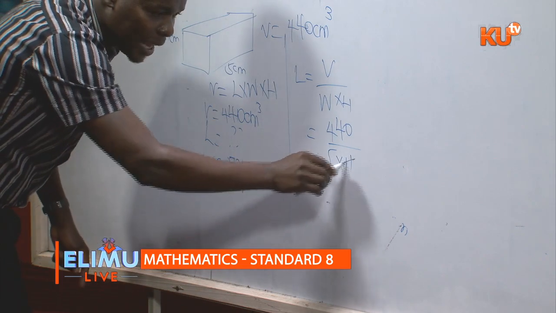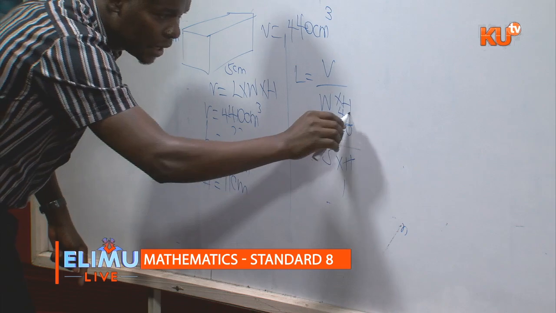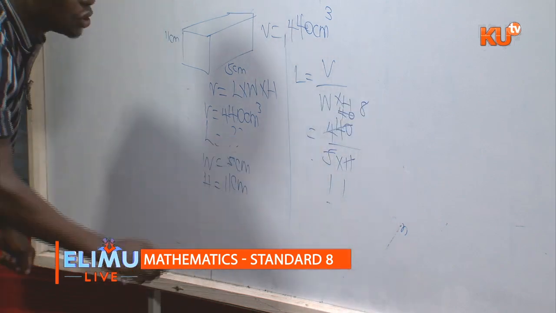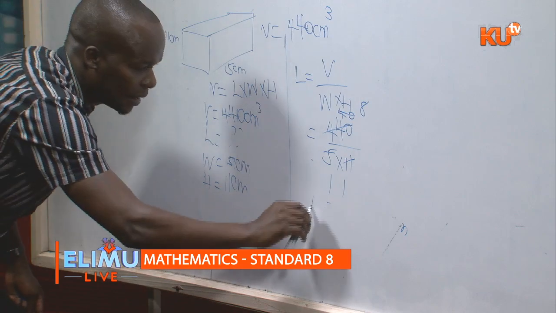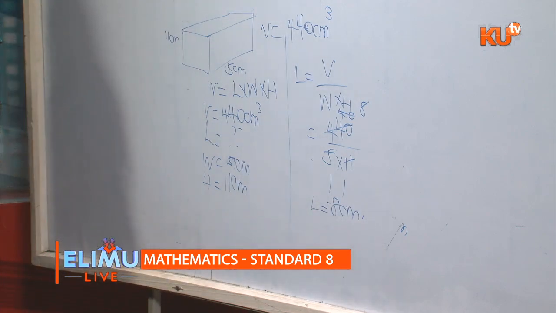So 11 will cancel once, 440 divided by 11 is 40, and then 5 goes into 40 eight times. So remember, I now have my length as 8 centimeters. Please get that one right.